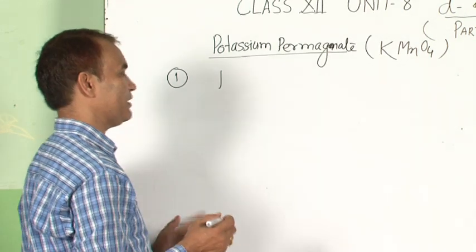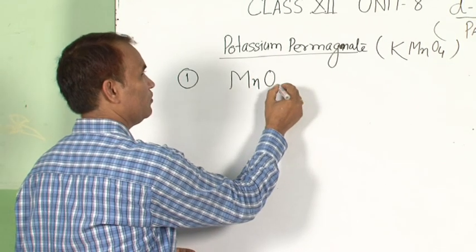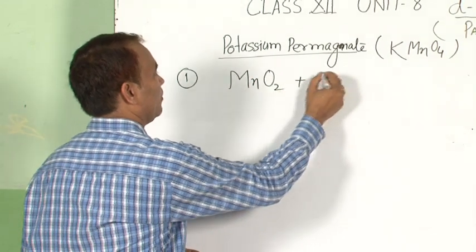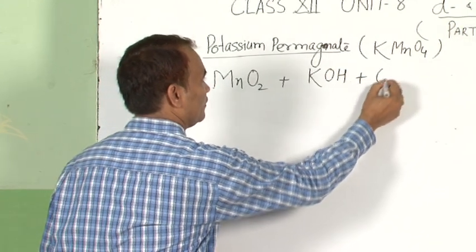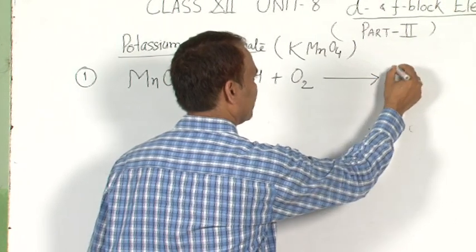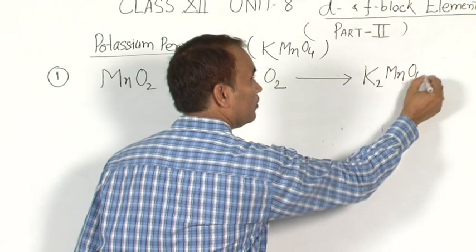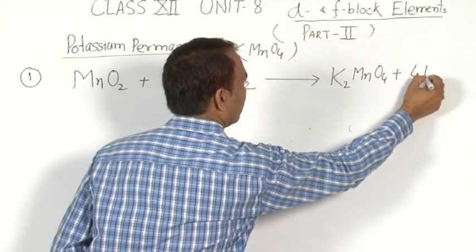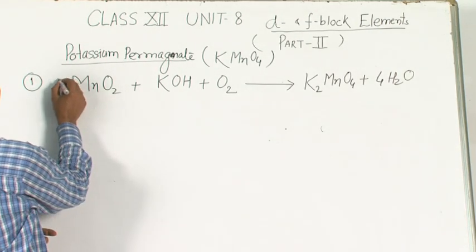That is, in the presence of oxygen, manganese dioxide MnO2 and potassium hydroxide KOH get converted into potassium manganate, K2MnO4, and H2O. Write the balanced equation.